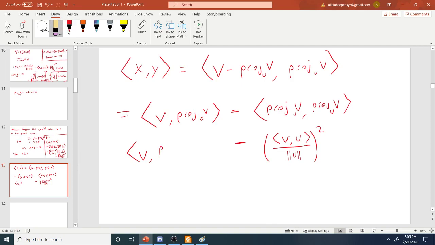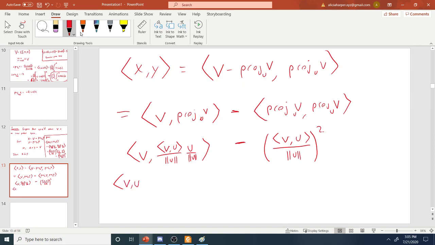what's the definition of this proj? Well, this definition is just the inner product of v with u divided by the norm of u times u divided by the norm of u. And what happens is we can pull some factors out of this. So we can pull this factor out and this factor out.